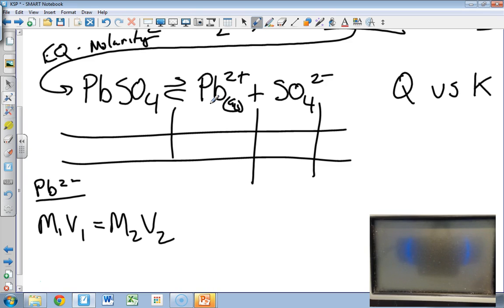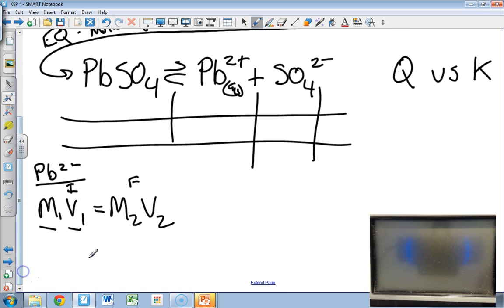If we mix the lead nitrate into 400 milliliters of solution, it's going to be even more dilute than just the 0.1 molar. So this is the formula that we use. Molarity times the volume, initially, is equal to the new molarity times the final volume.